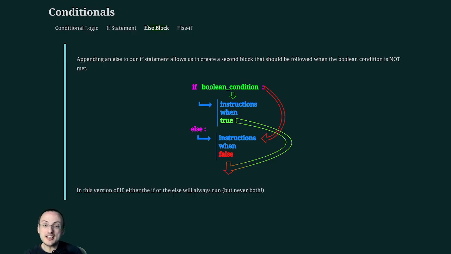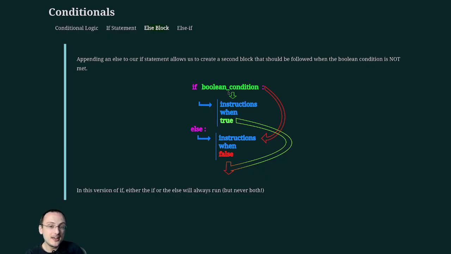So instead of our if statement skipping to the very bottom and immediately joining together when our Boolean condition is false, instead it jumps down to the first instruction of the else. So now we have two different paths to our program. We're coming down from the top, we hit our Boolean expression, our condition here.